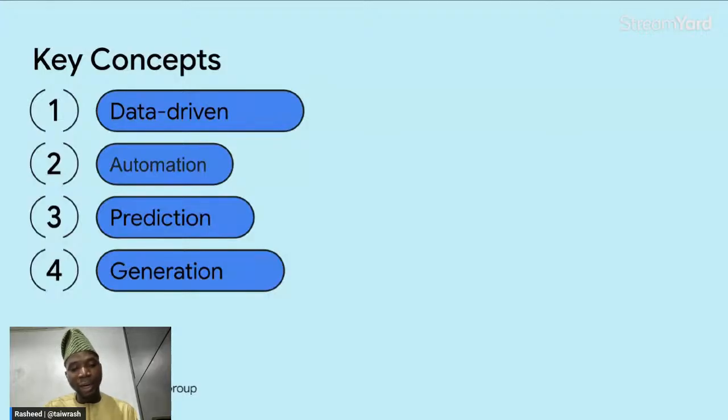All of AI, all of LLMs, they are data driven. They need data to be able to do whatever we want them to do. They request data from users, from different data sources, to be able to do a lot of things. Apart from that, they help us automate our work. They can do prediction, and as well, they can do generation.